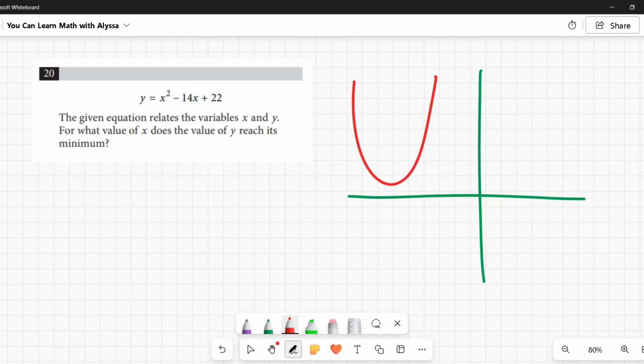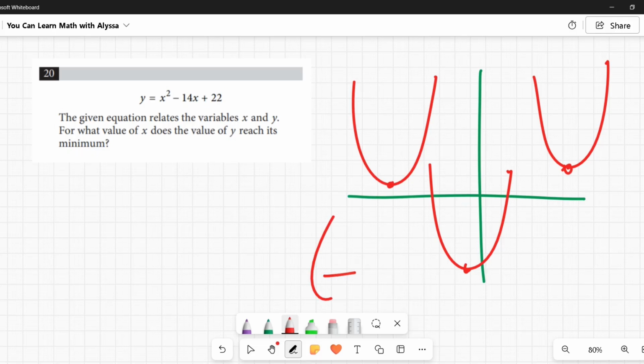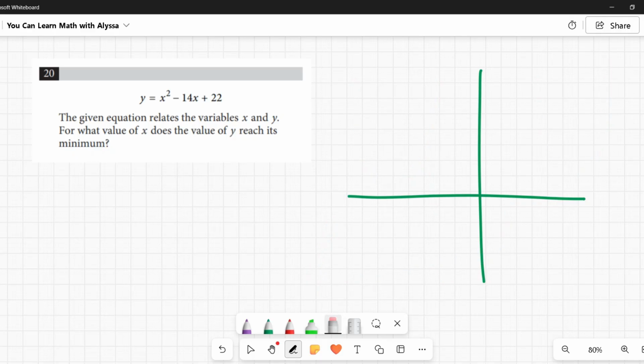So, that minimum point is going to be the lowest that it goes. Wherever this parabola turns up when you graph it, you're going to look at that minimum point, be absolutely sure that you've identified the minimum correctly, and see what the x value is for that coordinate. We want the x. One thing to watch out for, which I've seen them do, is where the minimum is very close to a 0.